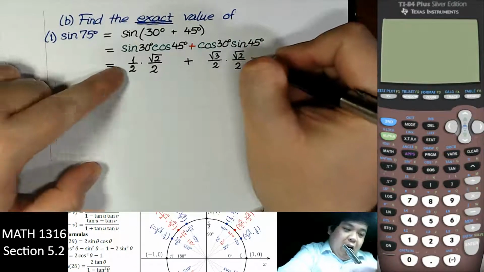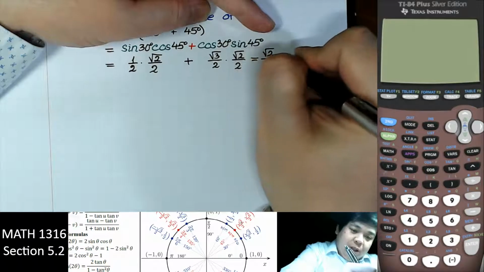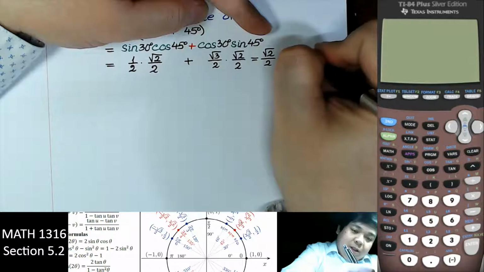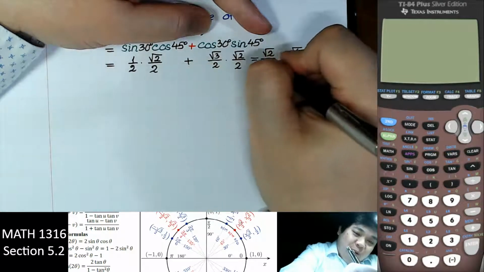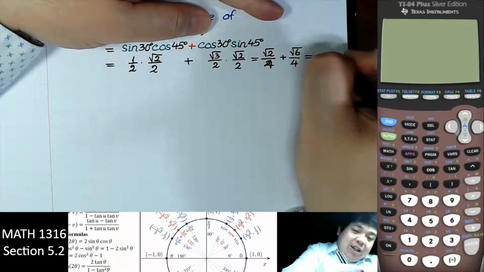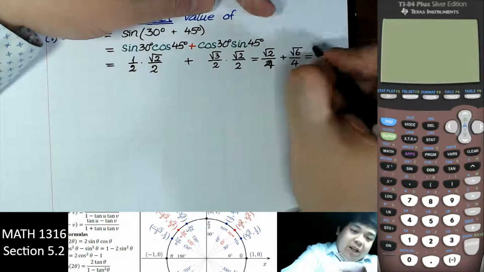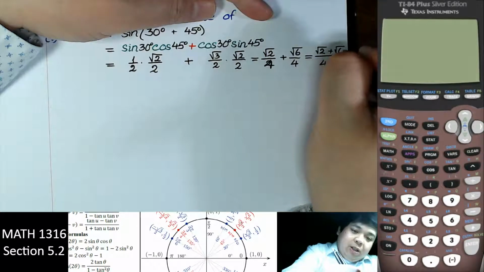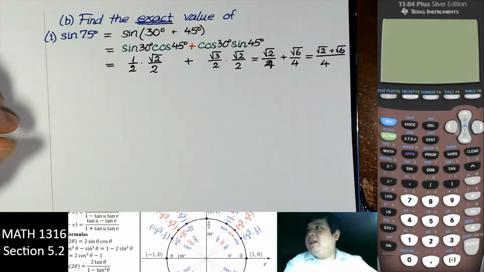Multiply across, we have square root of 2 on the top over 2 plus square root of 6 over, 2 times 2 is 4. The common denominator is 4, and then we just have square root of 2 plus square root of 6 over 4. So simple enough.